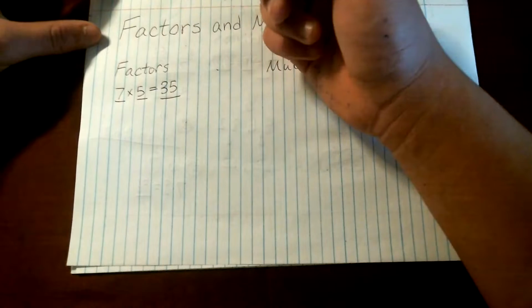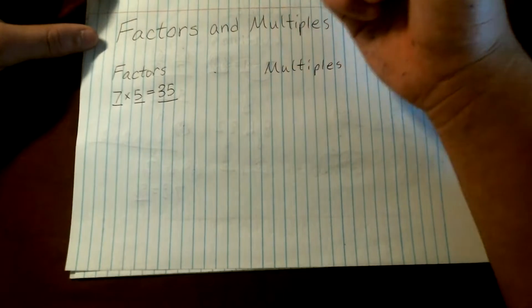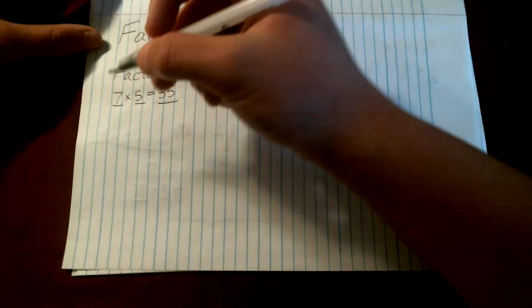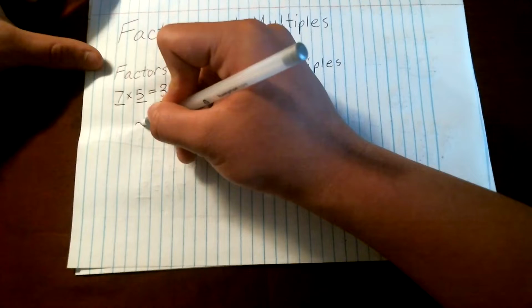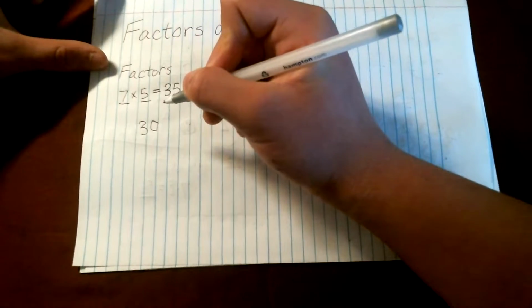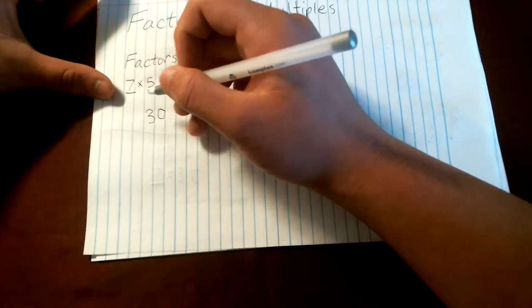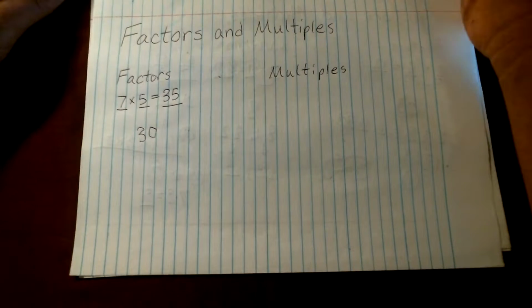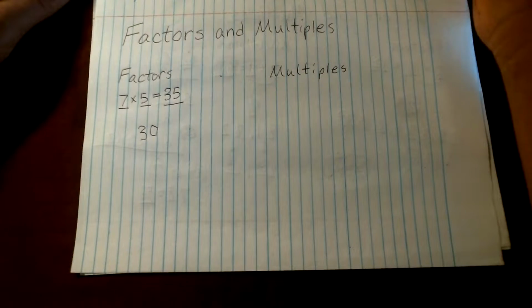All right. So let's say that you wanted to find a list of factors for a certain number. And let's just say that number is 30. Okay, so we would have to find all the numbers that can be multiplied by another number in order to get 30.